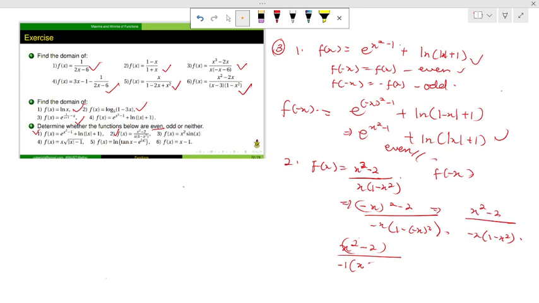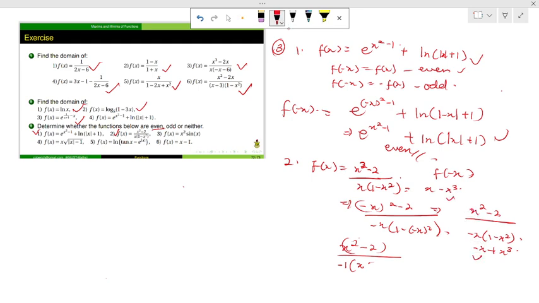Let's try expanding this side. I'm supposed to get something like x minus x cubed, right? So if I put in negative, I'm going to get negative x, then plus x to the power 3. That's all. So you ask yourself, this side is negative of this, right?